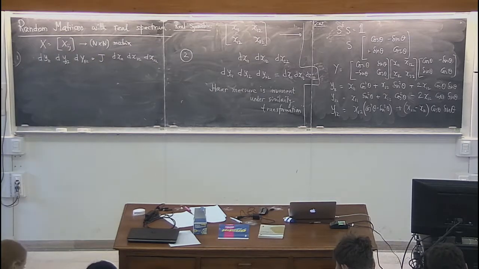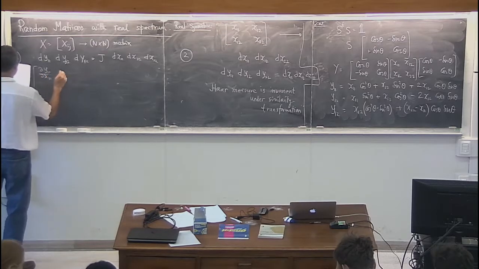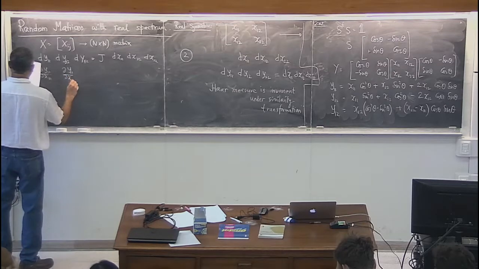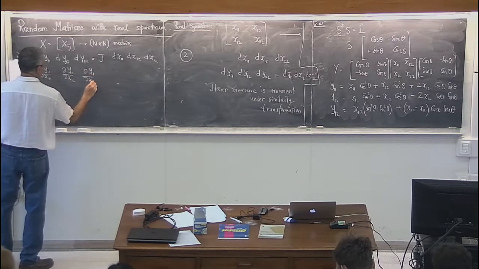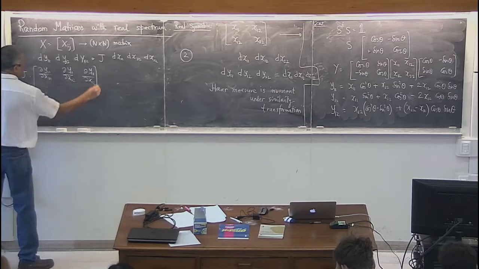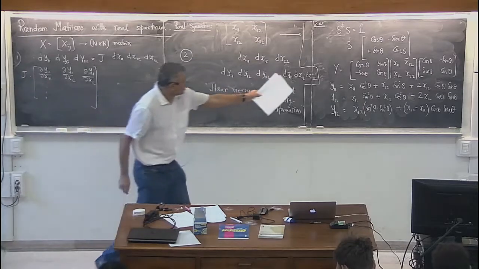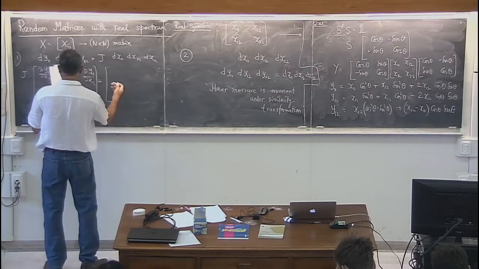So what is this Jacobian matrix then? Again, I am doing it in great detail just to demonstrate how it comes about. Given this relation, you can immediately compute this matrix.